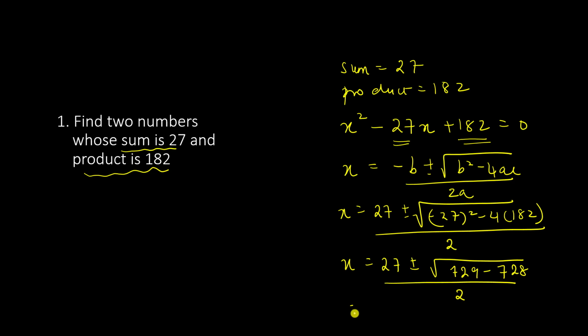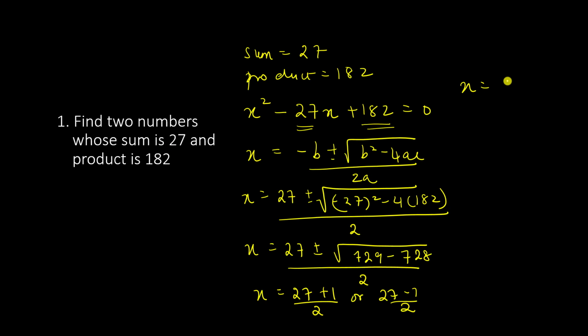Or you get x is equal to 27 plus 1 by 2 or 27 minus 1 by 2. Hence x would be equal to 28 divided by 2 or 26 by 2, which gives us that x equals 14 or 13. Now these are the two numbers whose sum would be 27 and product 182.